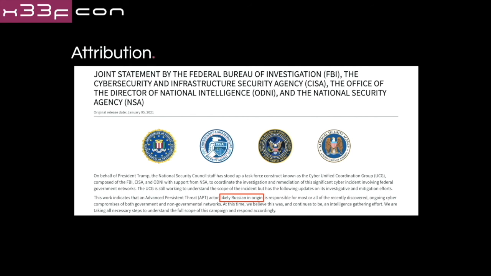There were some strong indications, and some of them we also know today, like for example, there were some code overlaps between that and the Turla APT group, but it is not sufficient to make an absolute statement that it was definitely some Russian APT group. And this is why we see this statement that I think a lot of people were making fun of when it was released, the "likely Russian in origin."